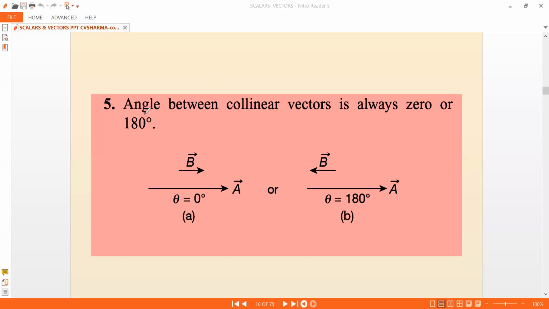The angle between collinear vectors is always 0 or 180 degrees. Here A bar and B bar both have the same direction, so the angle is 0. Here A bar is anti-parallel. Anti-parallel means they are in opposite directions, so in that case theta is 180 degrees.